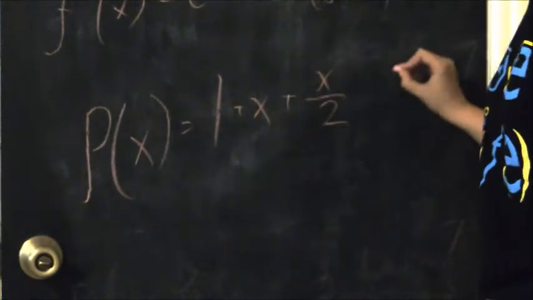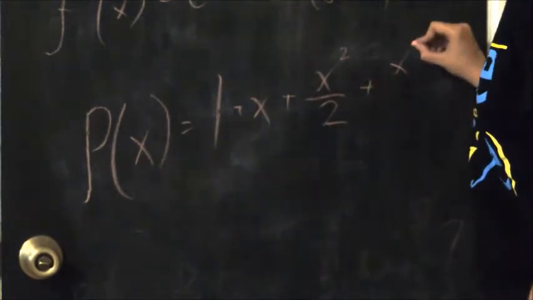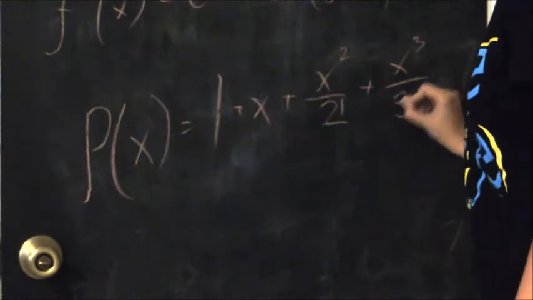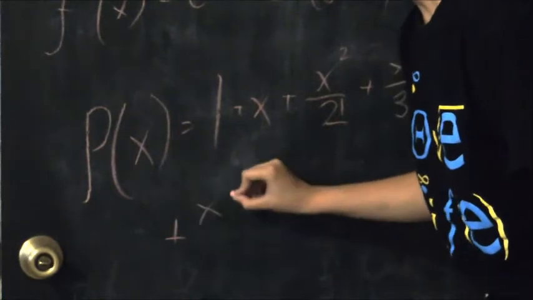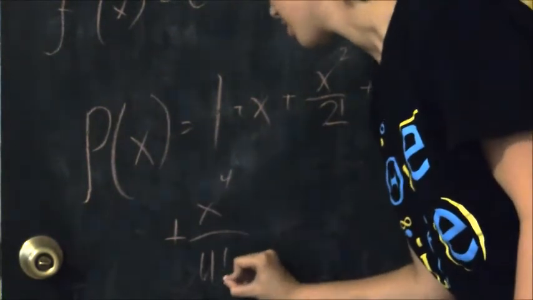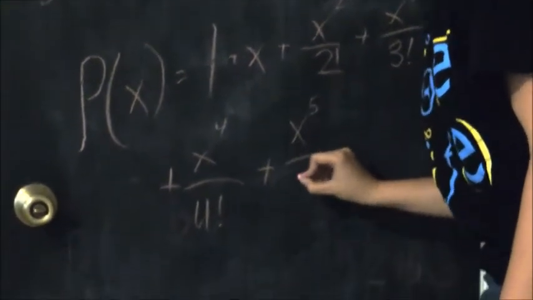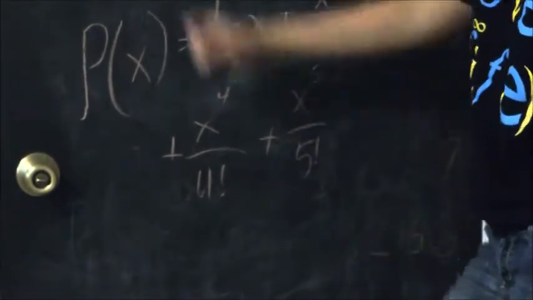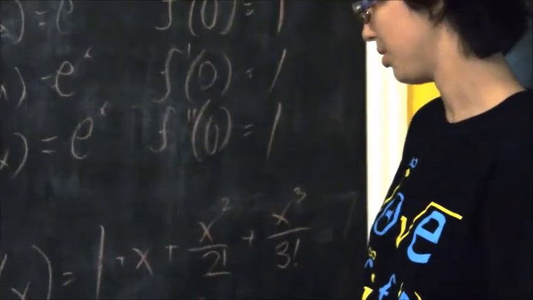We know the next one's 1, so x to the third over 3 factorial. Continue on. X to the fourth over 4 factorial. And it just keeps going.